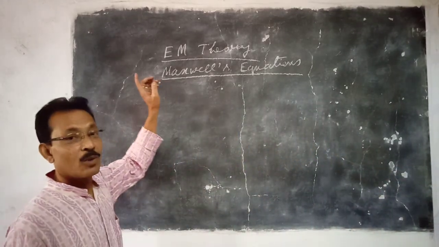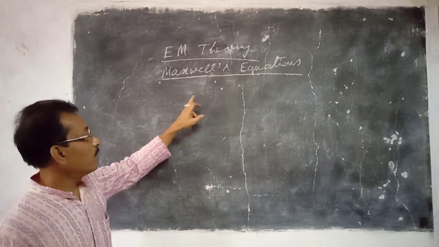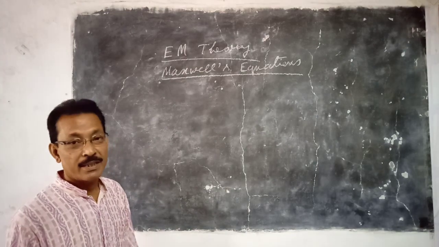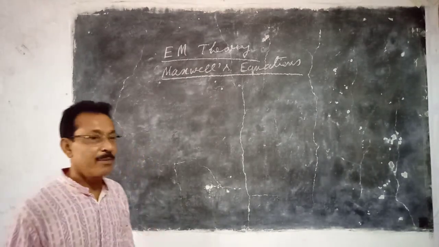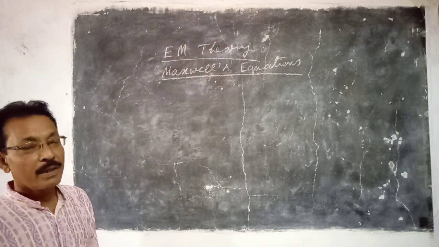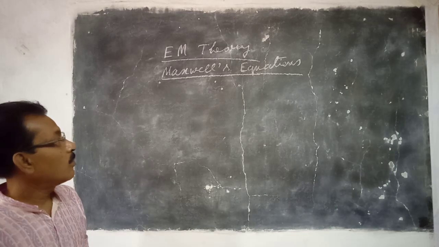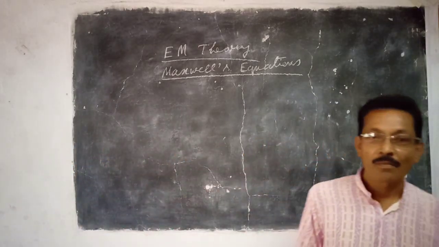In the first chapter we discussed today the electromagnetic theory, under which we shall discuss today the Maxwell's equations. The results of the extensive experiments on electricity and magnetism during the 18th century could be explained successfully by a series of equations.